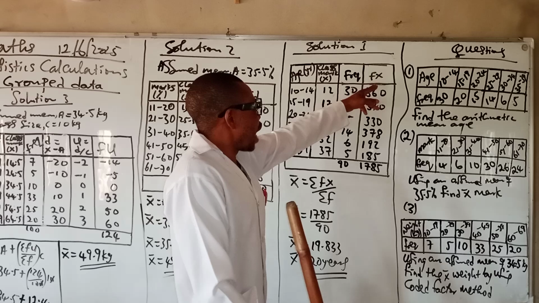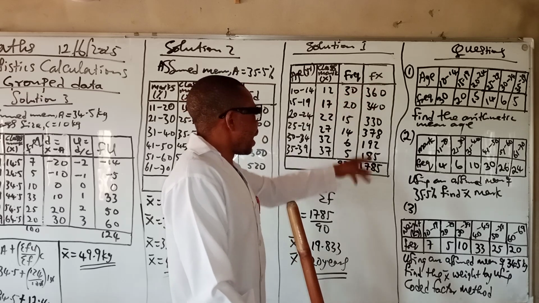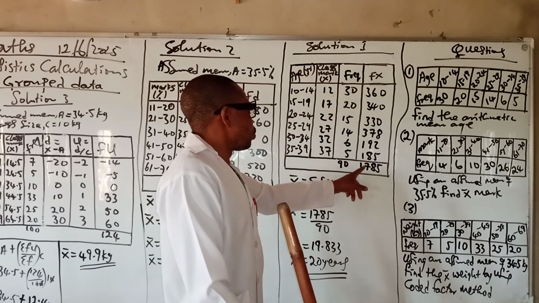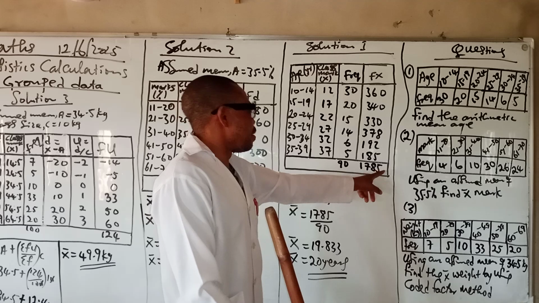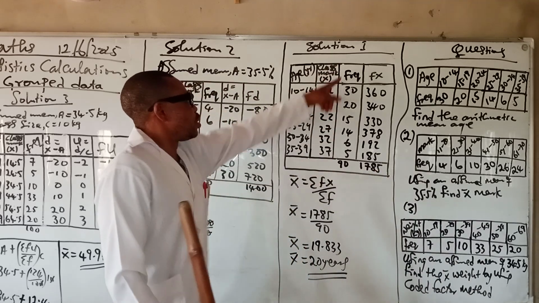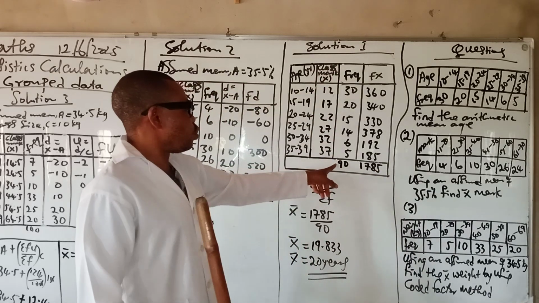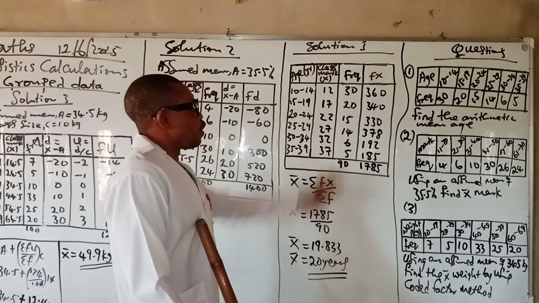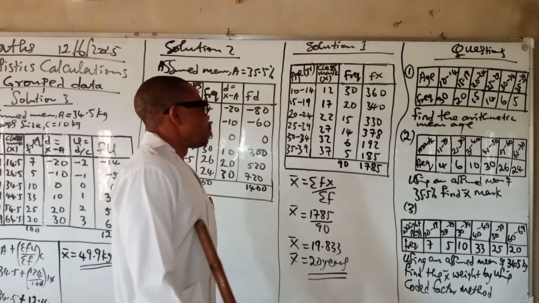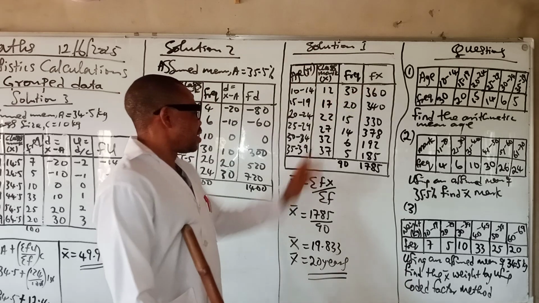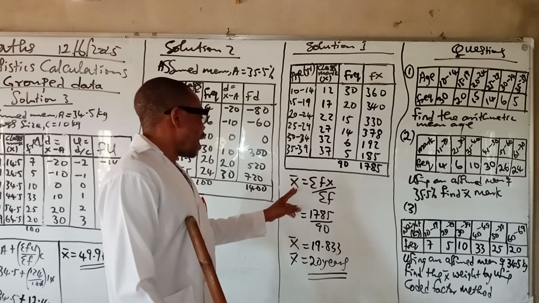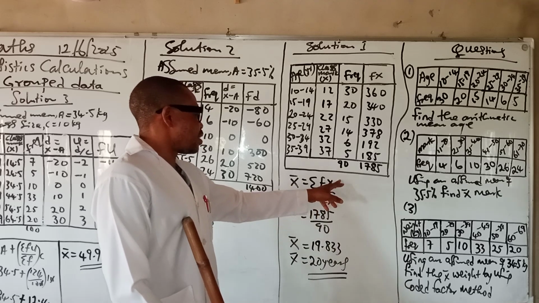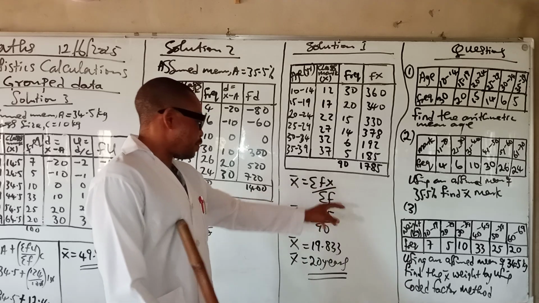Then we add up the total of fx. We have 1,785. Then we sum up the frequency. We have 90. The formula for calculating the mean of group data of this kind is given as x bar equals summation fx all over summation f.